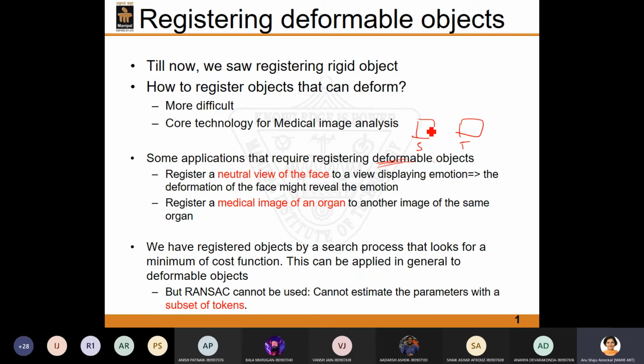That is why we need to go with special techniques which are unique to deformable objects. And so here RANSAC cannot be used, because we cannot have that exact point-to-point correspondence here.